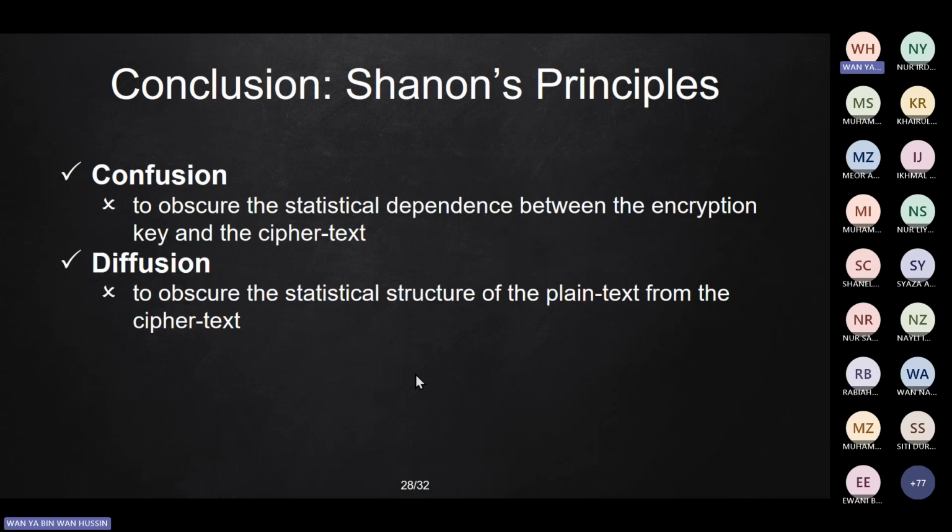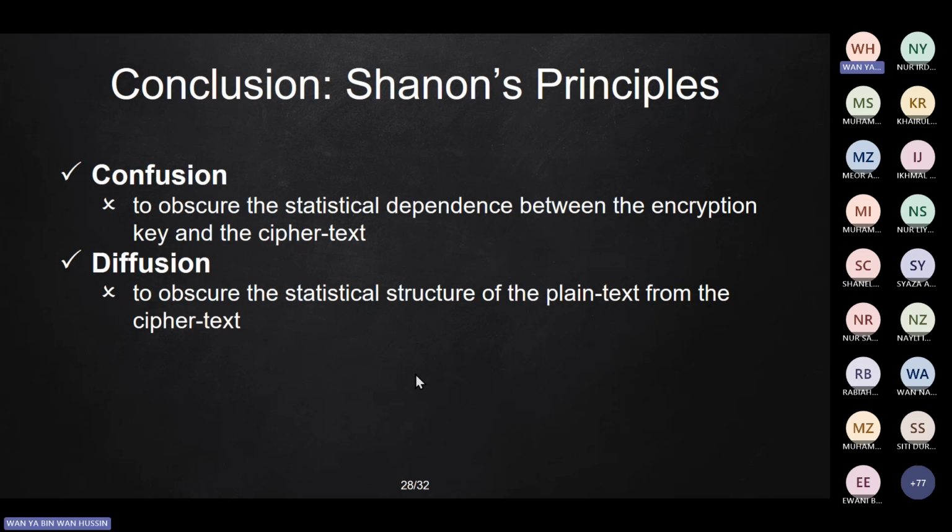Diffusion: now we try to de-associate plaintext from ciphertext, to obscure the statistical structure of the plaintext from the ciphertext. The first one, we try to de-associate key and ciphertext.